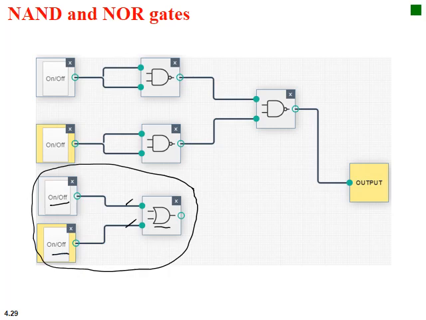So 0 or 1 will give us a result of 1. In other words, it will actually give us the same output as this. So now there's our 3 NAND gates that we've just done in that previous example.